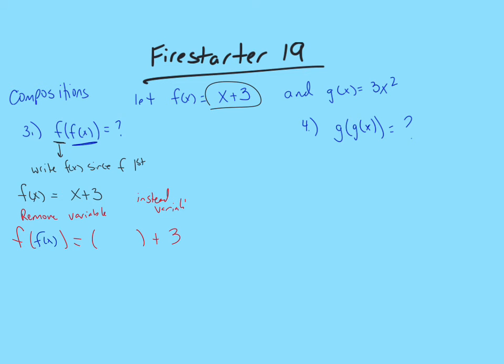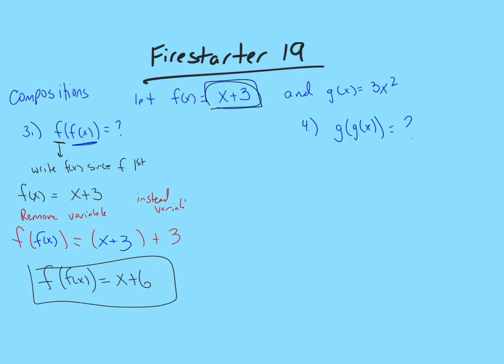On the other side of the equation, I'm actually going to put x plus 3. And I'm just going to simplify. So my final answer is f of x equals x plus 6. And that's it.